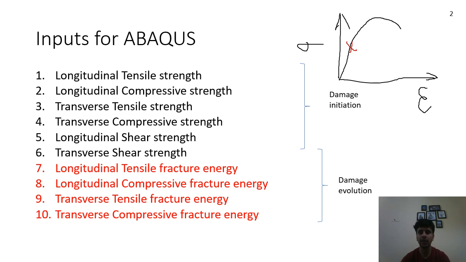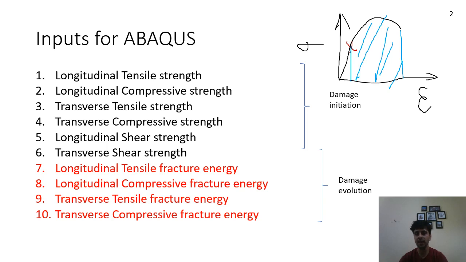Now the area below the curve from the point where the first damage happened to the final failure is your longitudinal tensile fracture energy. Similarly, I can find the longitudinal compressive fracture energy if I have access to the stress strain curve for the compression test, and similarly for transverse.